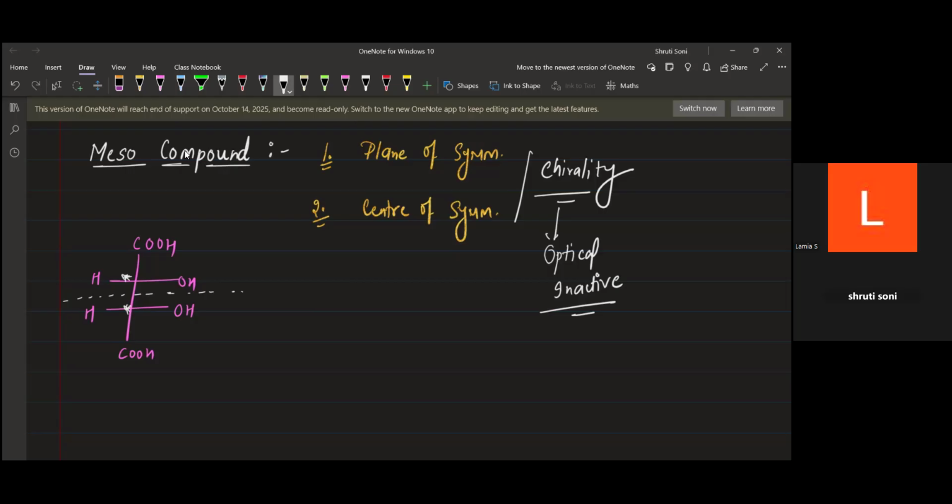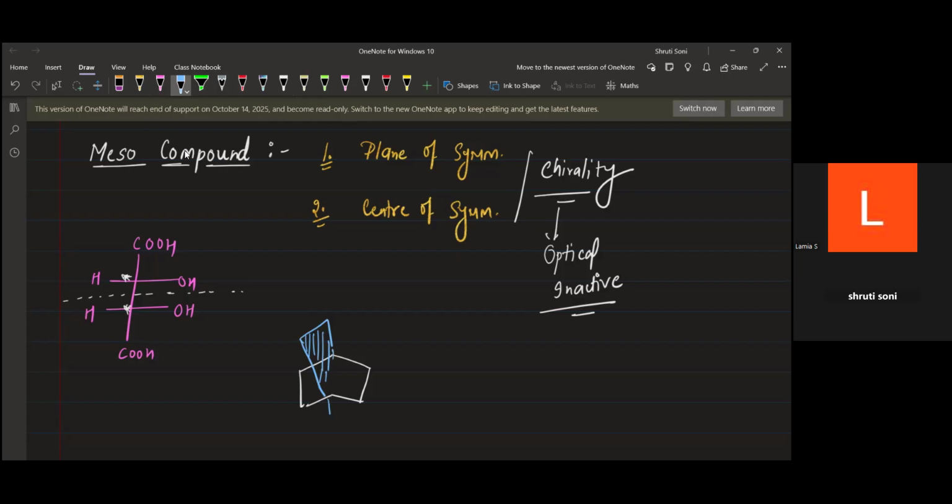A plane of symmetry is like getting a mirror image. If I put a plane in any organic compound, then the two sides must be mirror images of each other. Let's suppose I have this compound and I put a plane in this manner, from the above side.